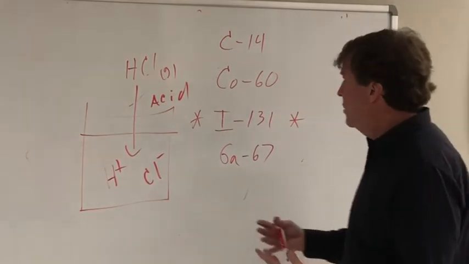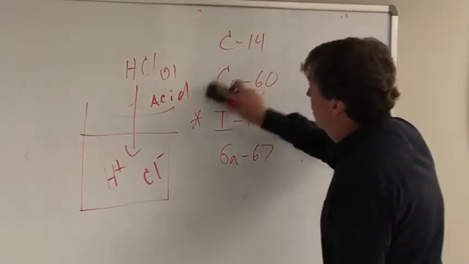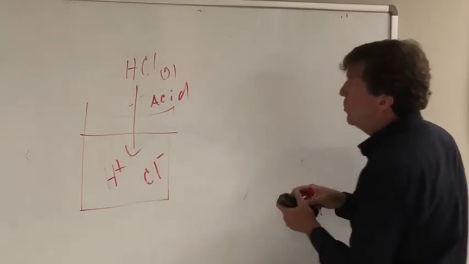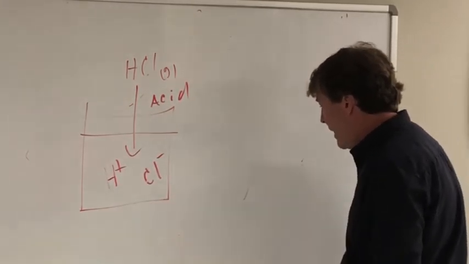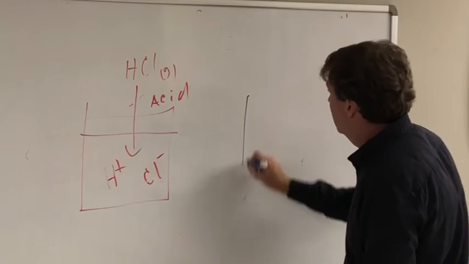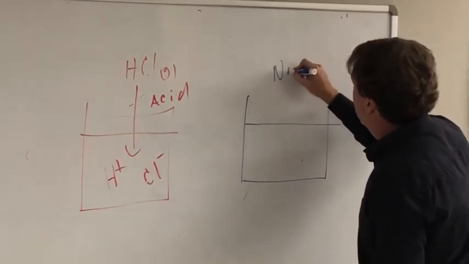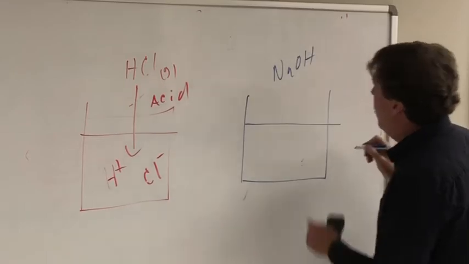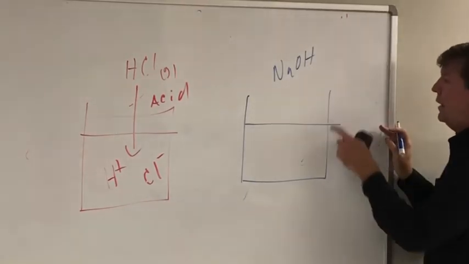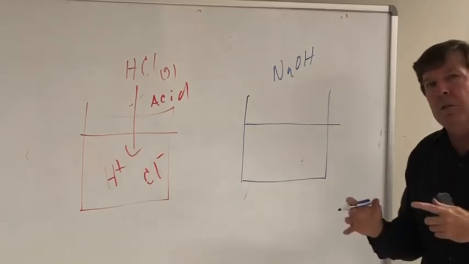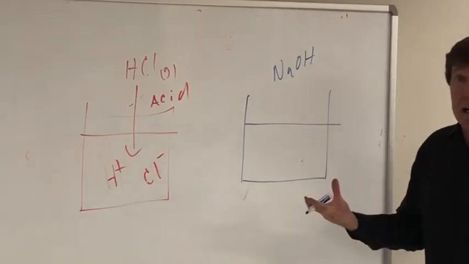What do bases release? So there's our acid releasing H positive. What do bases release? Somebody at home. Hydroxide. NaOH, sodium hydroxide. Notice I have this in blue because bases turn certain dyes blue in color.